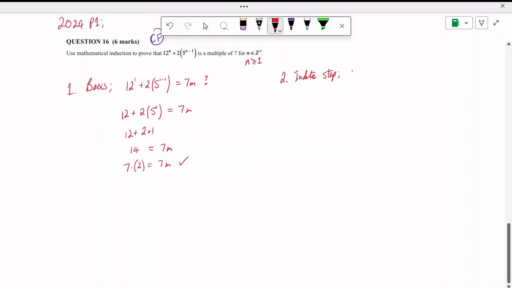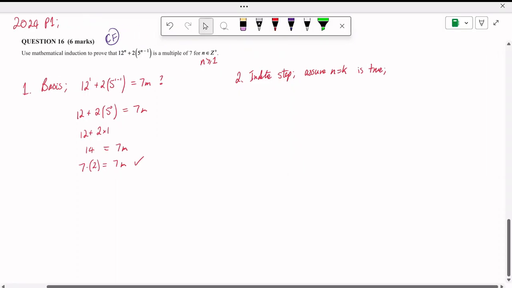So I'm going to assume that n equals k is true. So that means that 12 to the k plus 2 times 5 to the k take 1 is a multiple of 7.